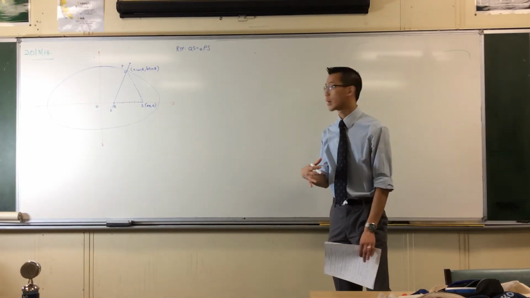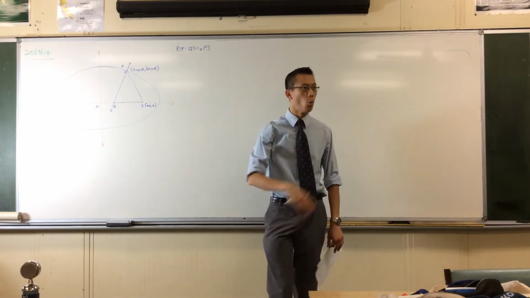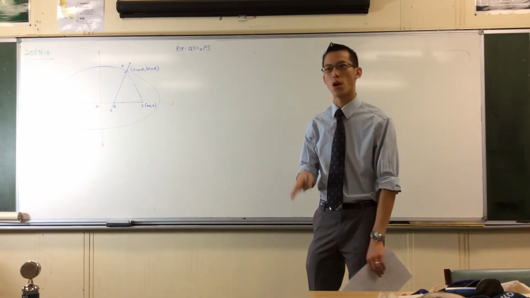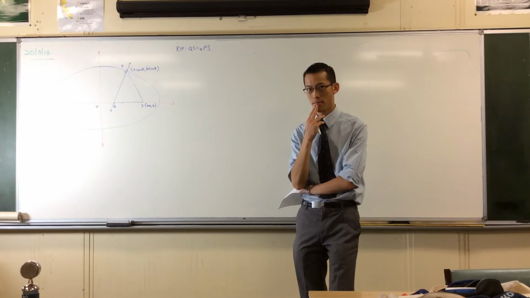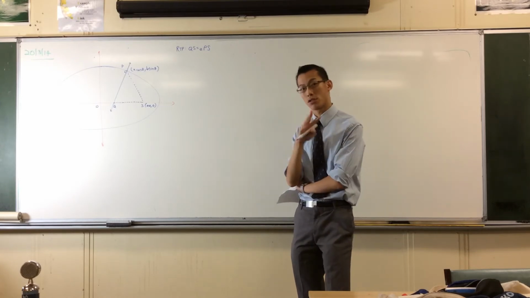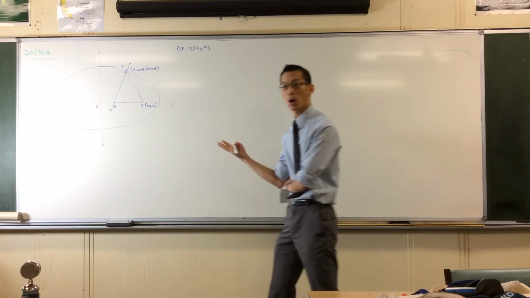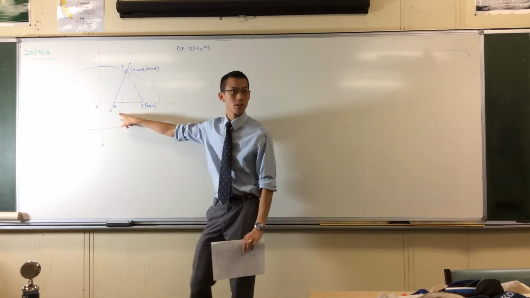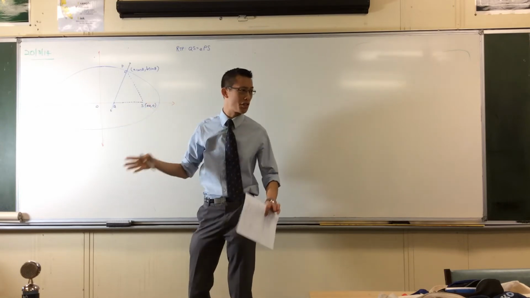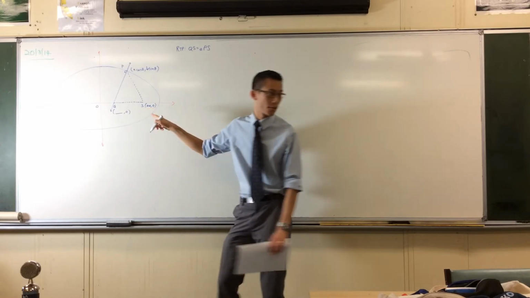Now, another quick question. Clearly I'm going to have to work out what QS and PS are. Which do you think is easier to work out first? Now, just think about it for a second. If I were to work out QS first, I would need to know where Q is. Thankfully, since it's on the axis, it's just (something, 0), just like the focus is.